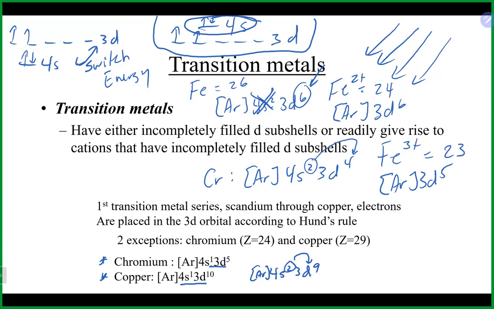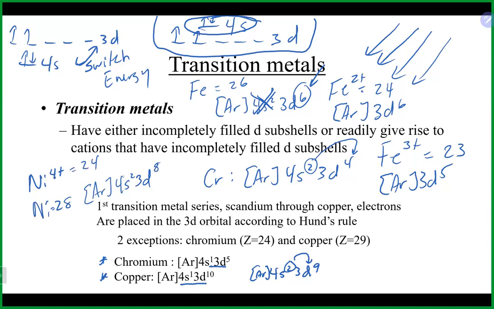Question on that there. So if you had something like nickel with a +4 charge, nickel with no charge is 28, which means it would be argon 4s2 3d8. Now, nickel with a +4 charge means it has 24 electrons.